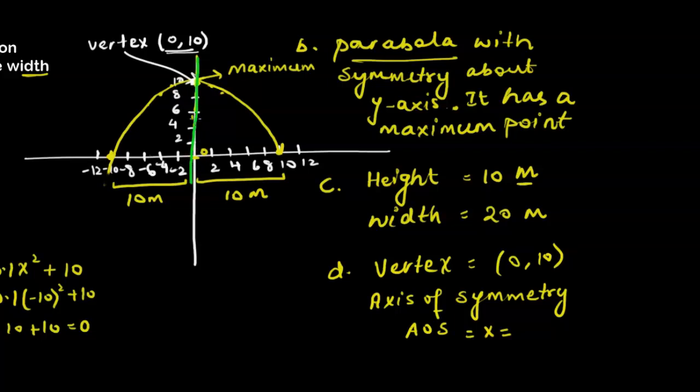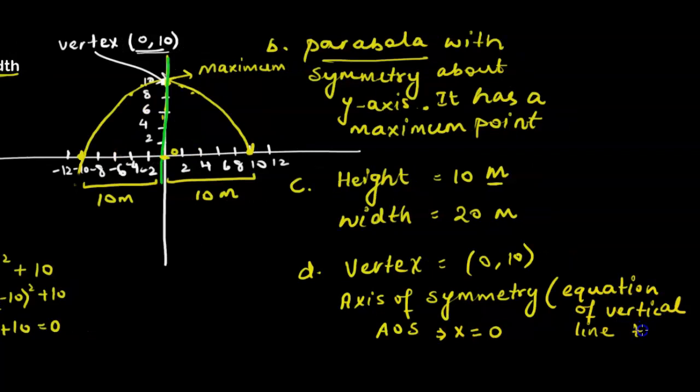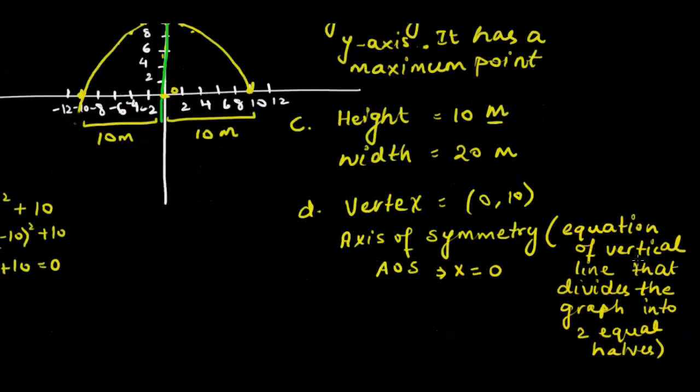Since this vertical green line is crossing the x-axis at x equal to 0, the axis of symmetry is x equal to 0. Always remember, axis of symmetry is the equation of the vertical line that divides the graph into two equal halves. And whenever we write the equation of a vertical line, it is always x equal to the x value where the line crosses the x-axis.